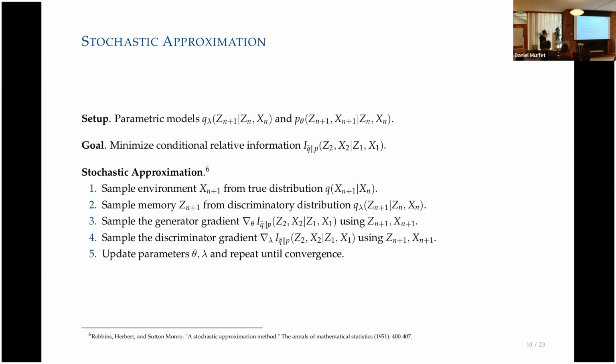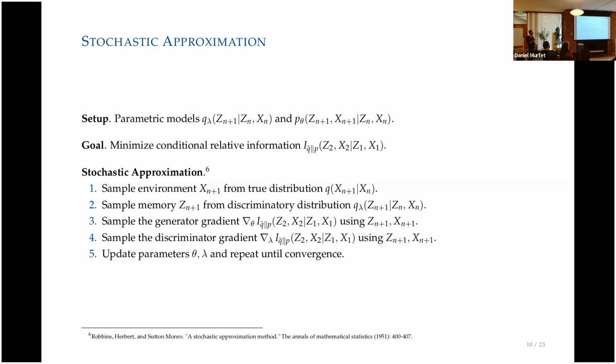Then with the gradients, I'm going to compute the gradient of the generator, the gradient for P, holding Q fixed. And then I'm going to compute the gradient for Q while holding P fixed. And then this is crucial: at the last step, I update both theta and lambda and repeat until convergence.